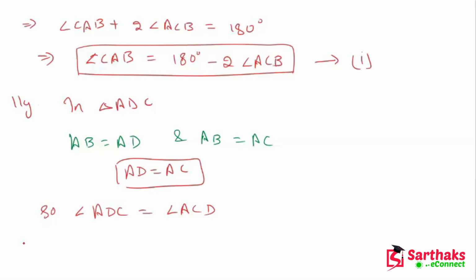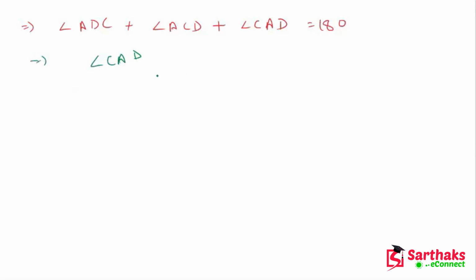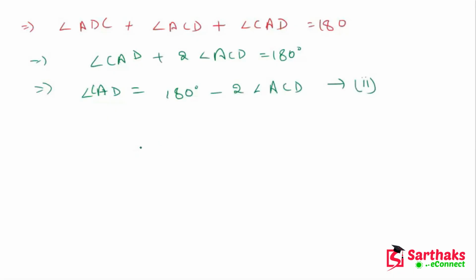Again in triangle ADC, the sum of all the interior angles is 180 degrees. So angle ADC plus angle ACD plus angle CAD equals 180 degrees. Since ADC equals ACD, angle CAD plus twice angle ACD equals 180 degrees. So angle CAD equals 180 degrees minus twice angle ACD. This is equation number 2.